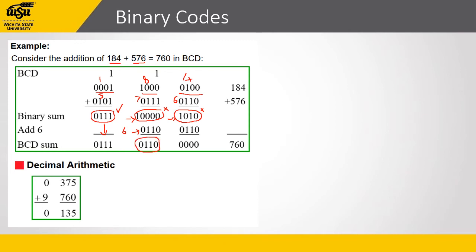And here also we add 6 again, and we discard the carry bit, and we get our result, which is equal to 760, or 0, 1, 1, 1 in BCD form.